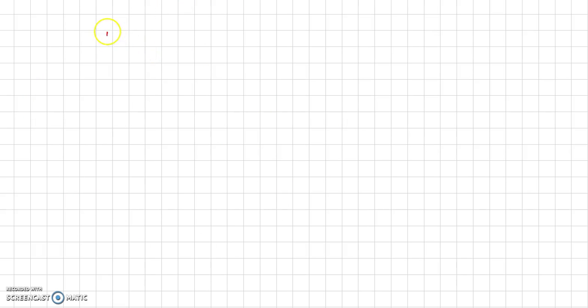Okay, number 7 says, which of the following equations represents a line that has a slope of 3 and passes through the point at -4, -1. Okay, so you have two ways to work it, and I will work it both ways.